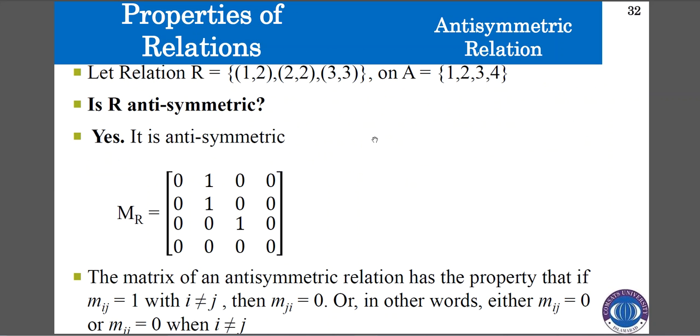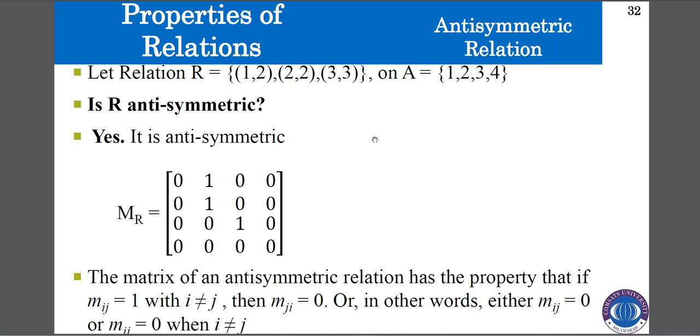Let me give an example of an antisymmetric relation. R contains the pairs (1, 2), (2, 2), (3, 3) on the set A = {1, 2, 3, 4}. Is R antisymmetric? Yes, it's antisymmetric. The matrix of any antisymmetric relation has the property that if Mij is equal to 1 with i not equal to j, then Mji will be 0.